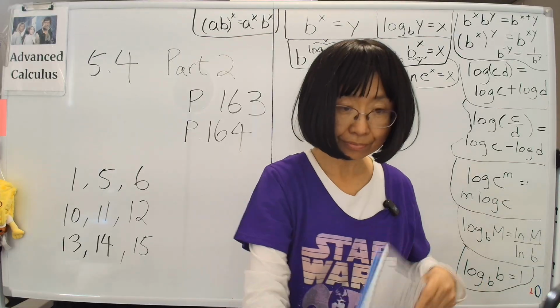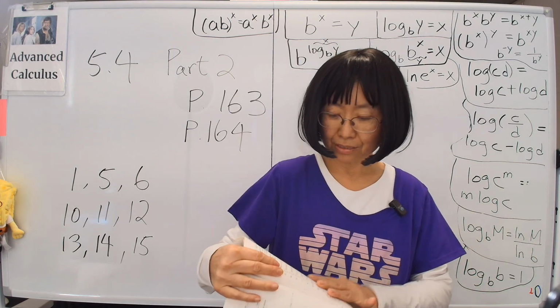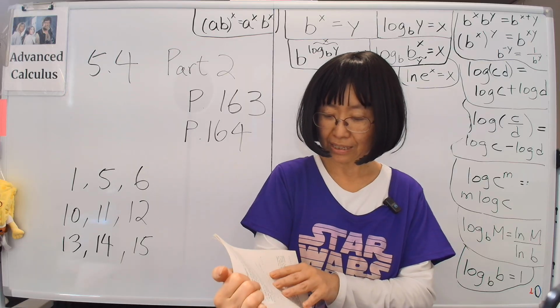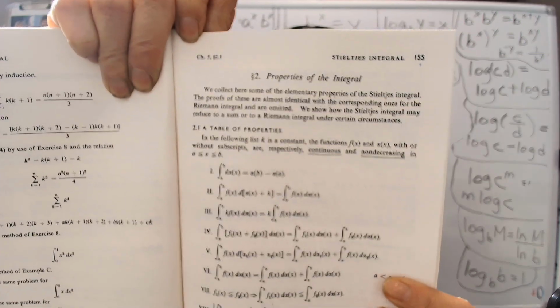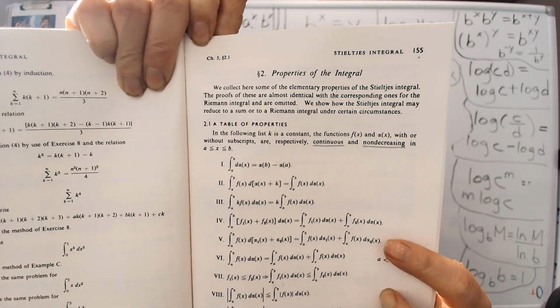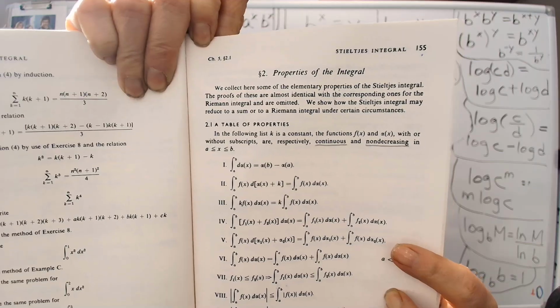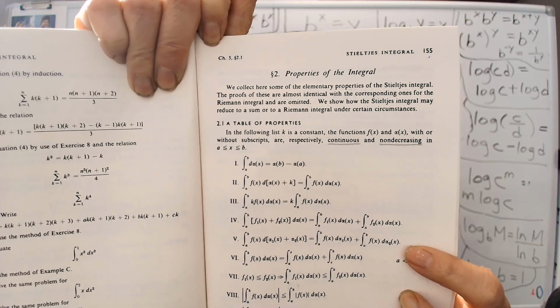So next, problem 15. We'll use the idea of problem 14 and property 5. This is property 5 down here, where it says that if alpha is broken up into alpha 1 and alpha 2, then we can break the whole integral into two chunks, one with alpha 1 and one with alpha 2.